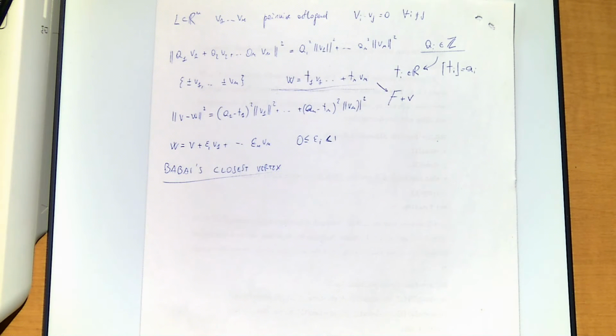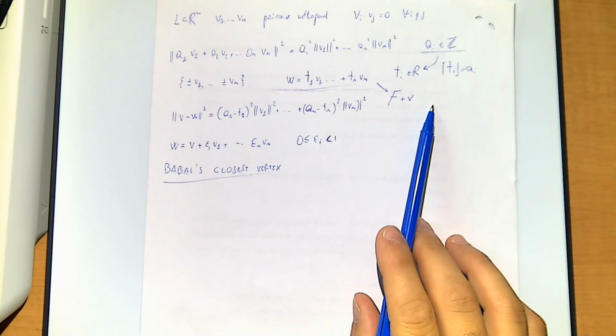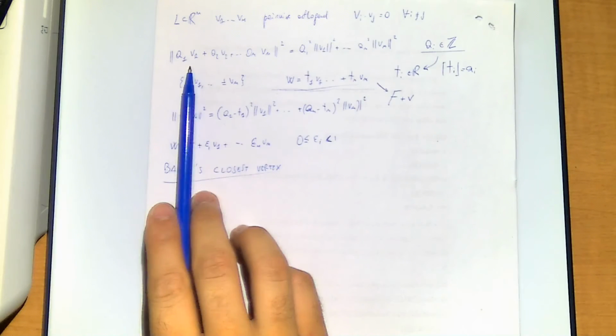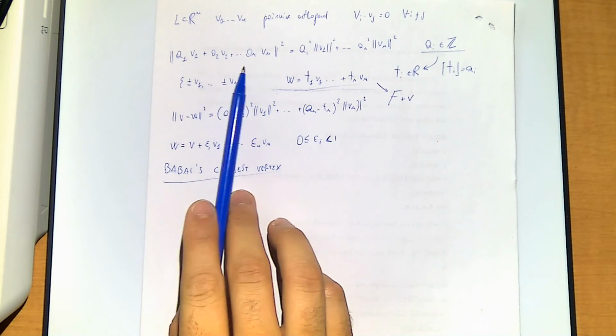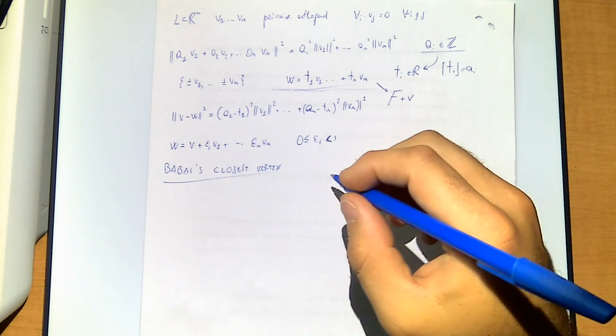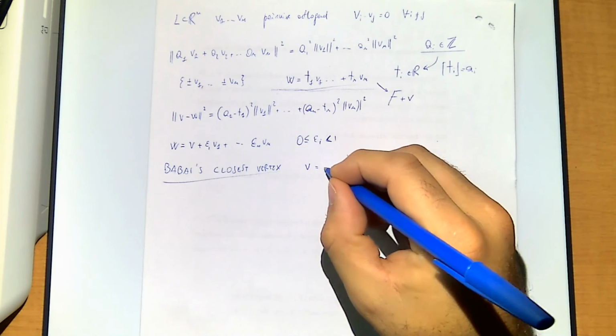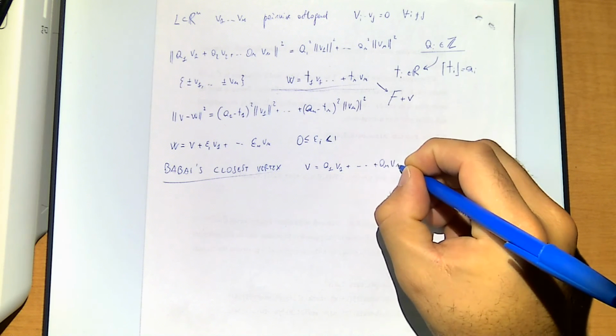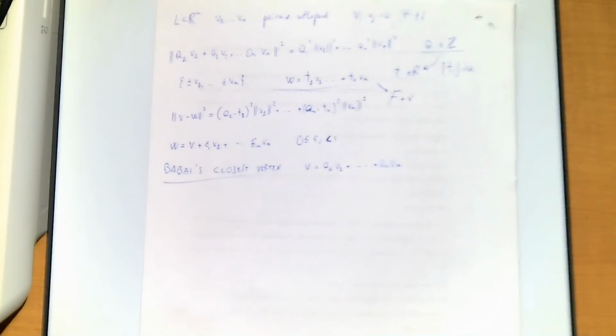And then you return v to be the sum of a_i v_i, which is exactly the closest vertex. So the solution is v equals a_1 v_1 plus ... plus a_n v_n. So we did all the job already.